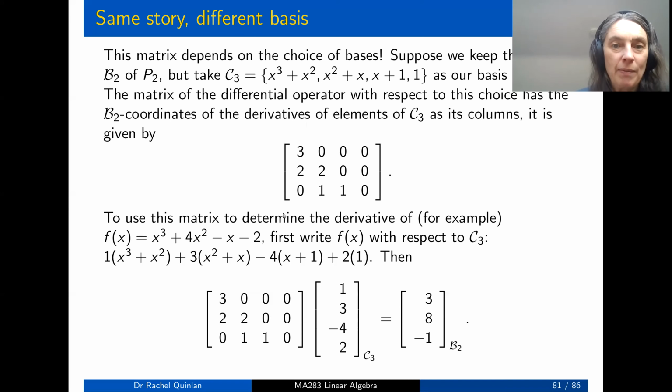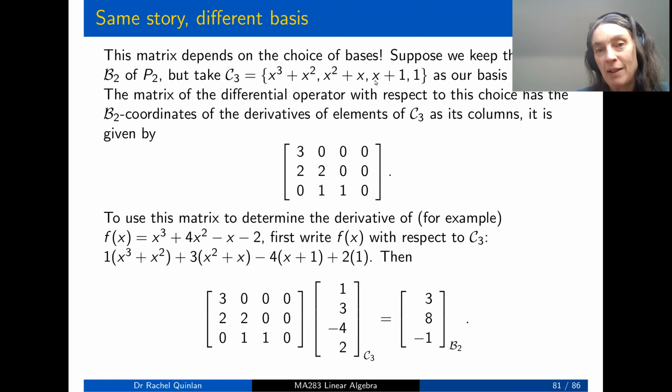Okay, we want 4x squared in f. We have 1 times the basis element x cubed plus x squared. We can use the basis element x squared plus x to make that 1x squared up to 4x squared. So we should take 3 times x squared plus x. At this stage, we've got x cubed plus 4x squared, which we want. We've got 3x. We'd actually like to have minus x.